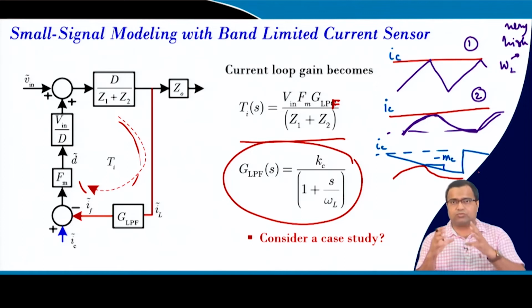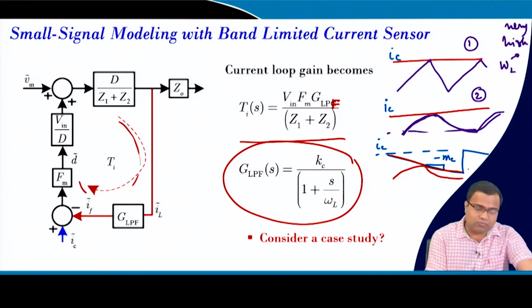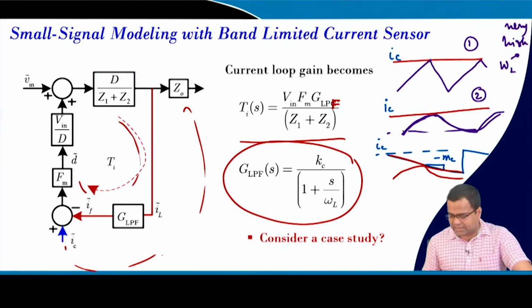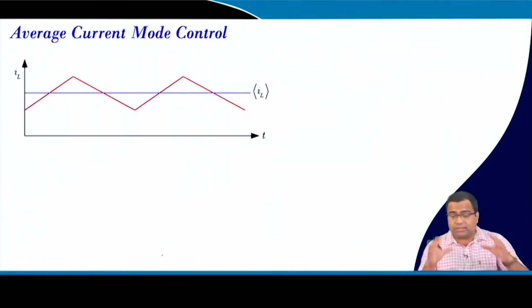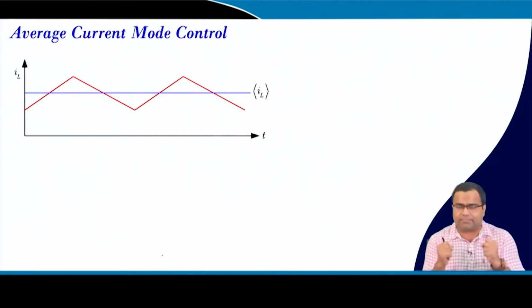At the same time we are increasing this slope to make it stable, and we are also slowing down the outer loop. So, this is kind of loop interaction. The loop interaction can cause severe problem if the current loop bandwidth comes close to the voltage loop.